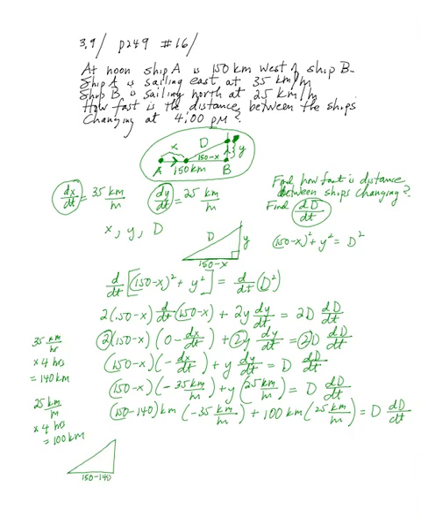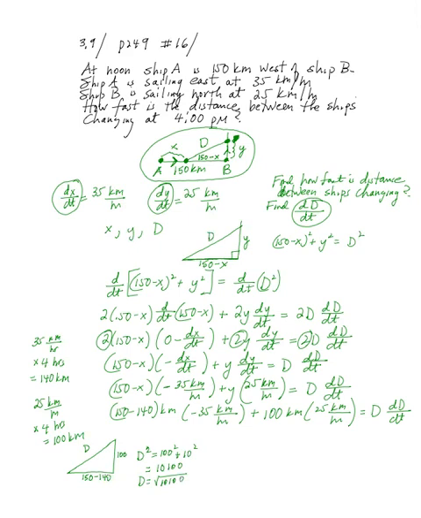This side of the triangle is 10, and this side is 100. And I can now figure out d by Pythagorean theorem. d squared is 100 squared plus 10 squared. So that's 10,100. And so d is the square root of 10,100.